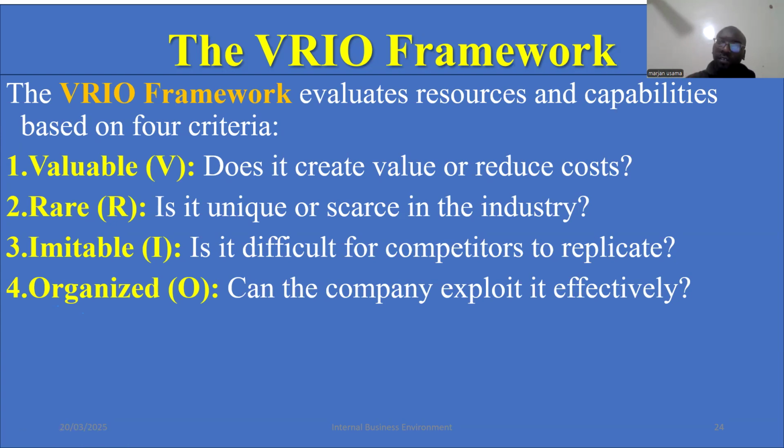If you want your resources to give you a competitive advantage, they should have these four characteristics. Number 1, your resources: do they create value or reduce costs? If the answer is yes, then well and good. If your resources are not adding value to you, there is the problem.